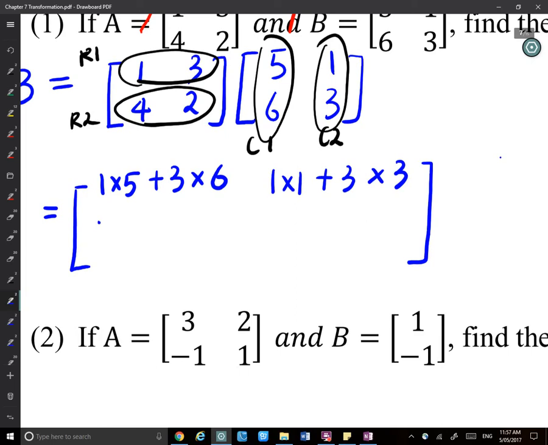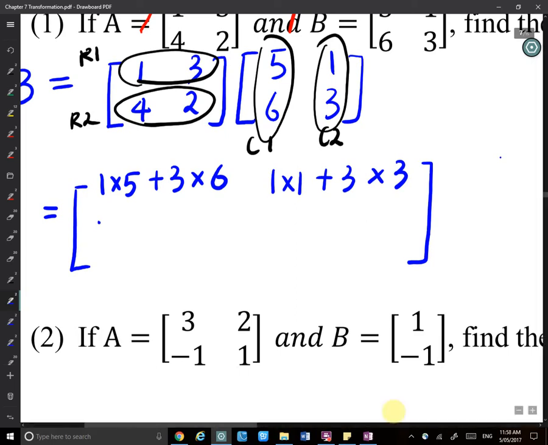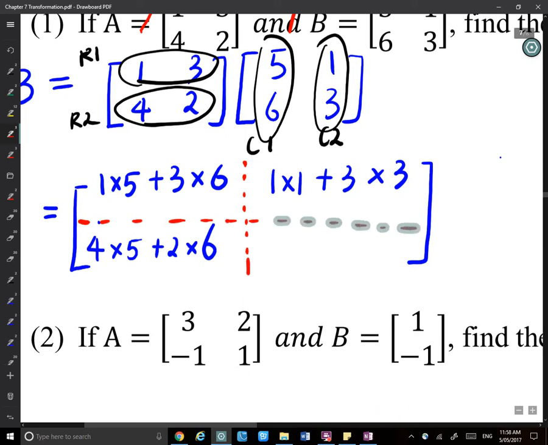I'll use row 2 to times column 1 and column 2. So row 2 times column 1, the answer will be put in the row 2, column 1 place. The first number times the first number, add the second number times the second number. Because it's a 2 times 2 matrix, that's here.